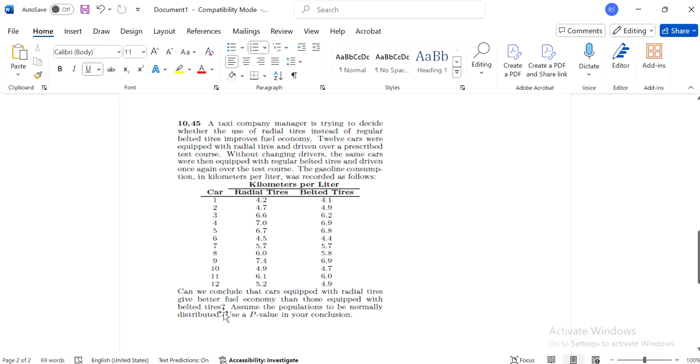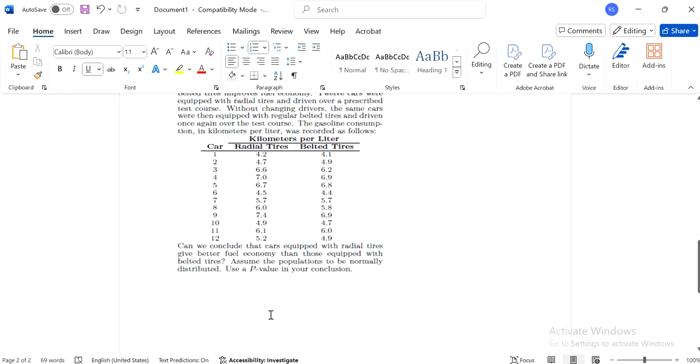So in this test, first of all, we are going to construct a hypothesis. Step number 1, formation of hypothesis.